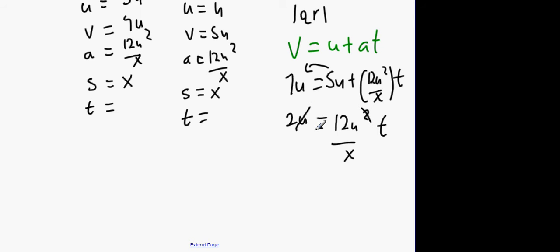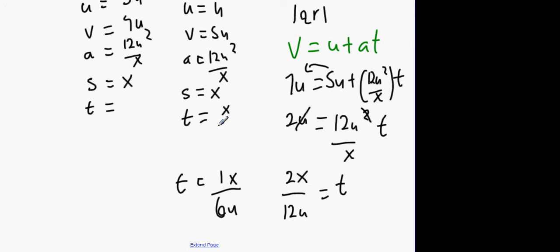So we're going to end up with 2x over 12u equals t. T is therefore equal to 1/6 x over u. So x divided by 6u. Okay, and that's the time taken for QR, x over 6u.